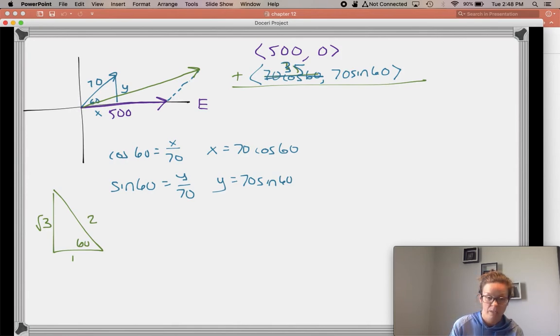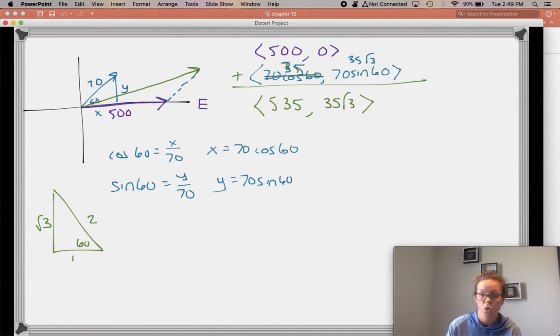And then this is going to be, let's see, 70 square root of 3 over 2, or 35 square root of 3, I guess I can simplify it down to. So then when I add those together, I'm going to get 535 and 35 square roots of 3. So that tells us now what the x and the y components are.